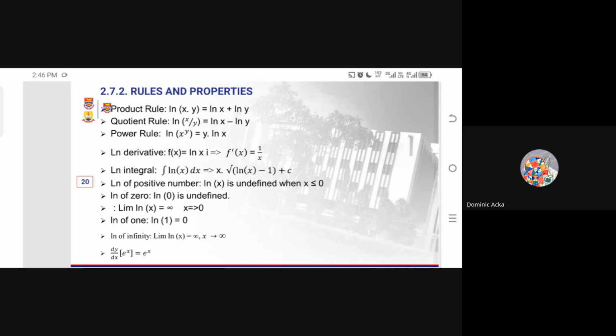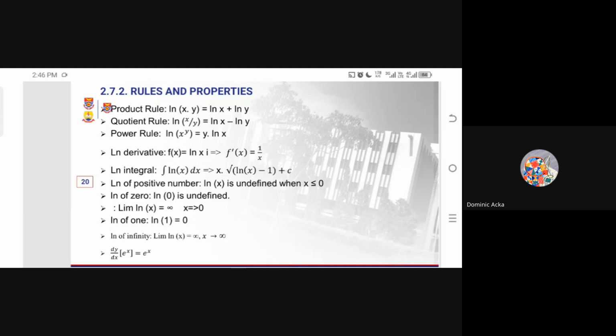When it's ln of x over y, it will be ln x minus ln y. And when it is ln of x to the power y, as we've been doing earlier, the y will drop down, so you have y ln x.